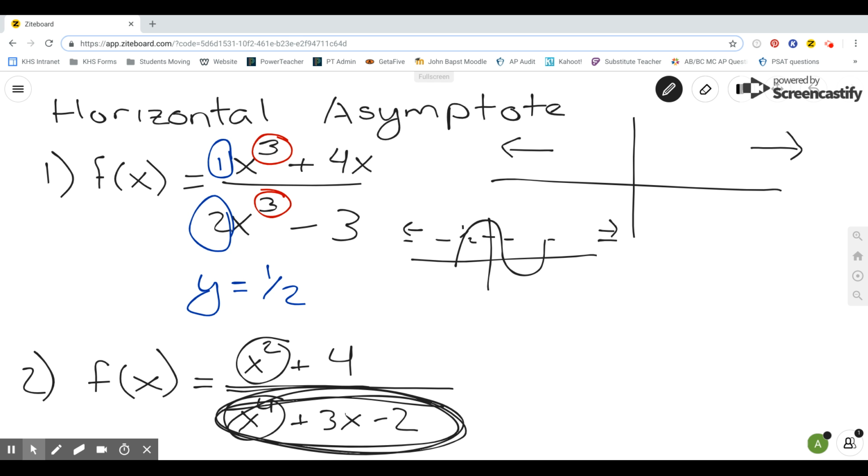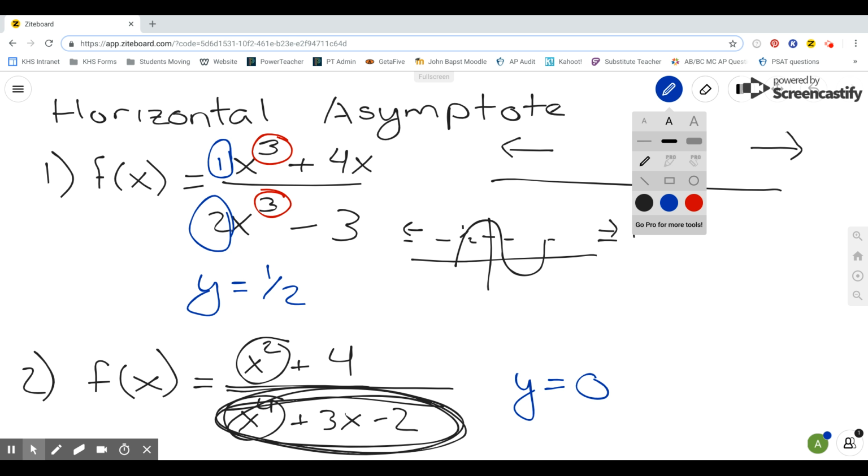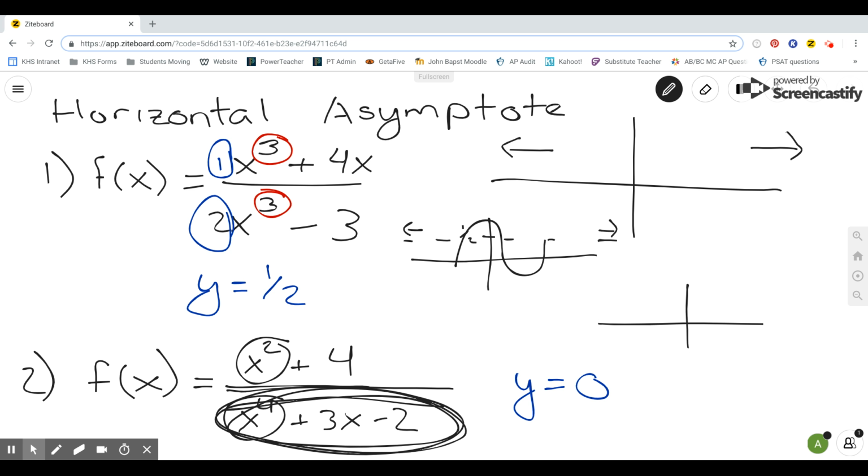So think about you go from 1/2 to 1/4 to 1/8 to 1/16 to 1/100th to 1/1000th. What are you getting closer and closer to? You're getting closer and closer to 0. So your horizontal asymptote in this case is y equals 0. Same thing as in the first case, you're going to be following a horizontal line for end behavior, and it's just going to be y equals 0.